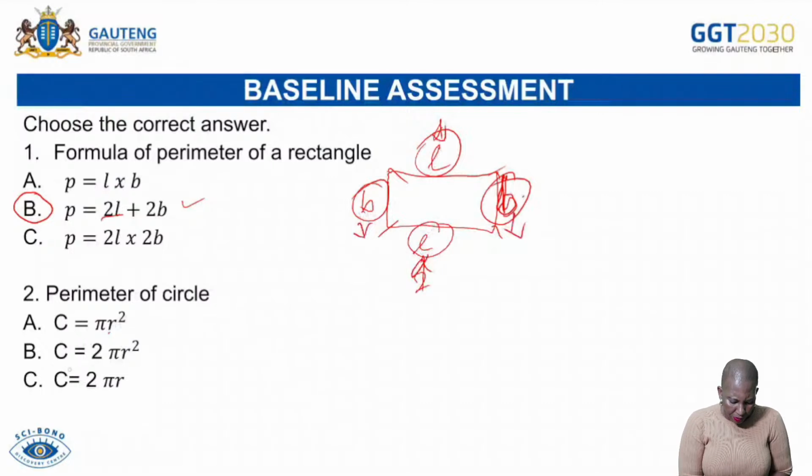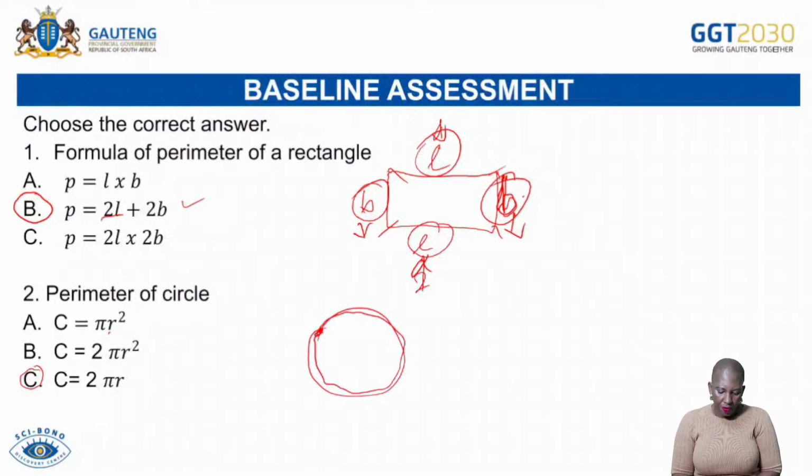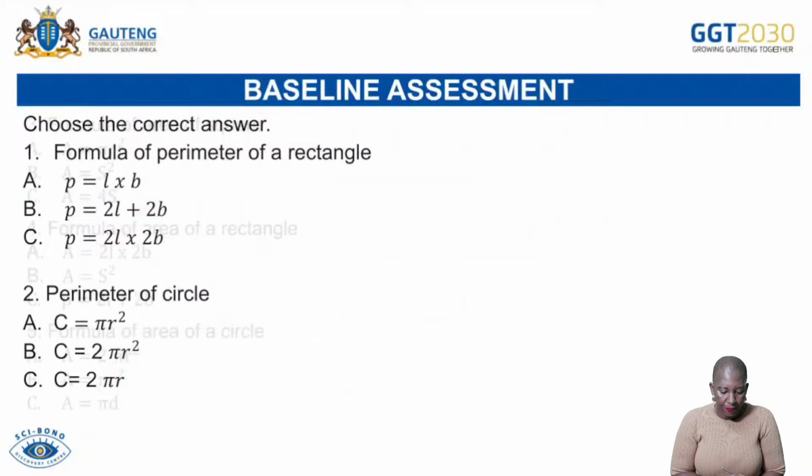Is it C equals 2 pi r squared, or C equals 2 pi r? So what is our correct answer there? Our correct answer is C, 2 pi r. Remember, the circle is like this. So the circumference, we say, is the distance from one end of the circle to the other end of the circle. But we'll do that in detail. Here is just a reminder. We are just refreshing our minds.